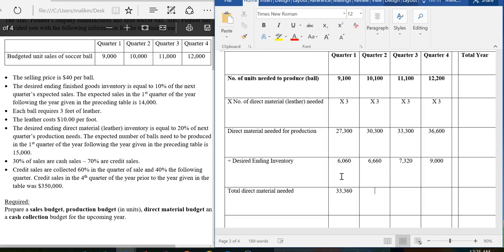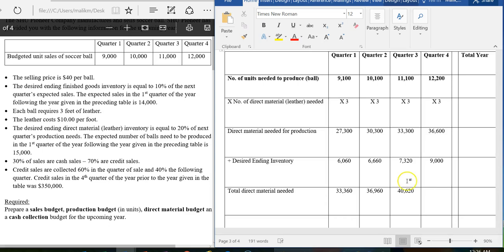For quarter 2, it's 30,300 plus 6,660, and if you add these two, you will get 36,960. For quarter 3, their production need is 33,300 plus they want to keep some desired ending inventory, which is 7,320. So add these two, you will get 40,620.